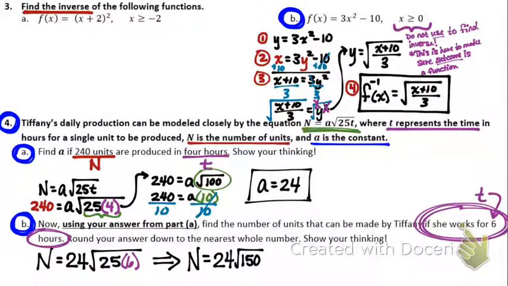So we're going to do 24 times the square root of 150. What do we get? If you're using a cell phone calculator, you do 150, then push the square root button, and then do times 24.